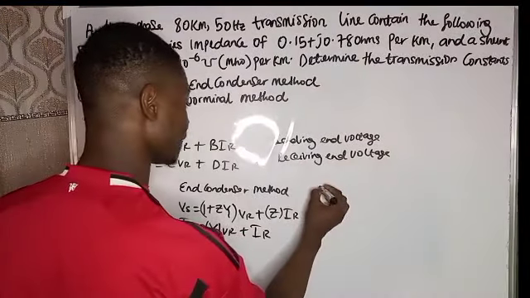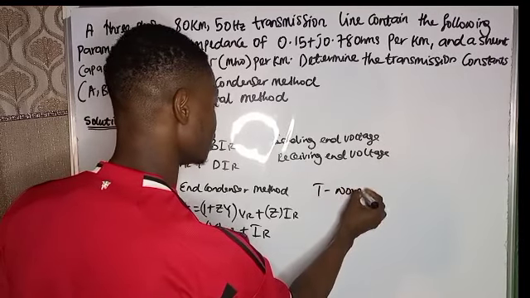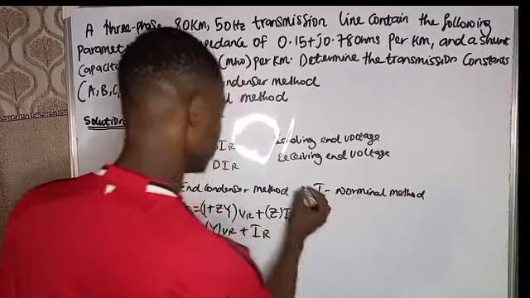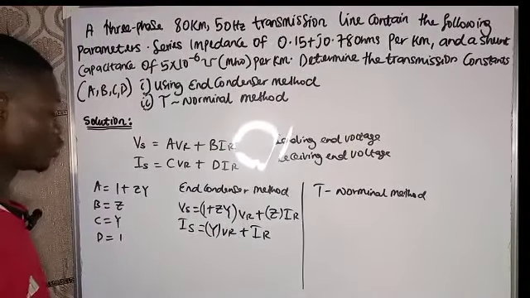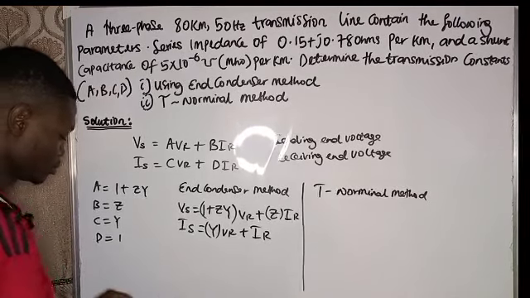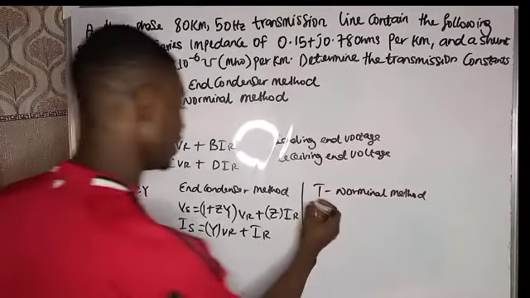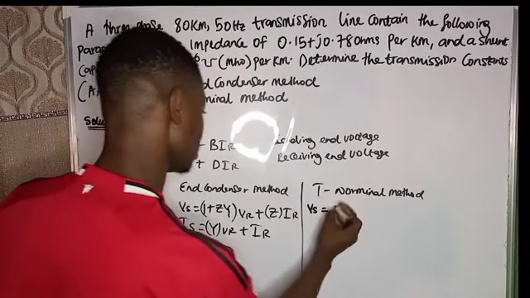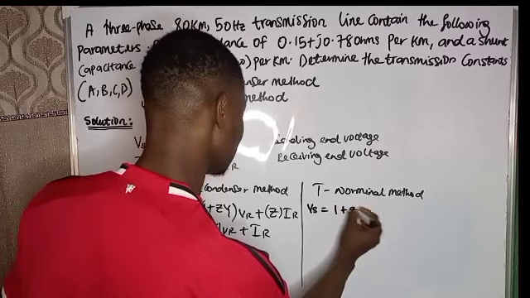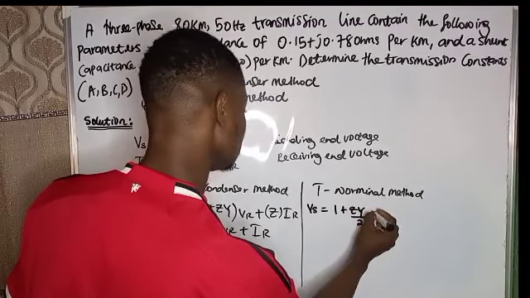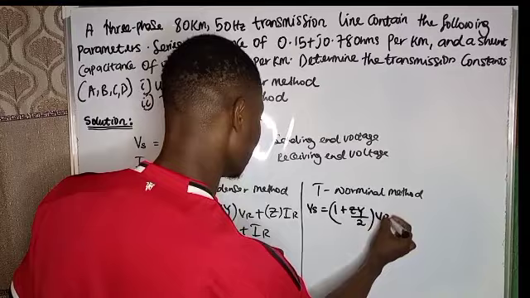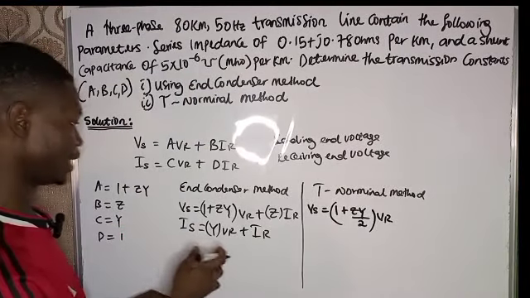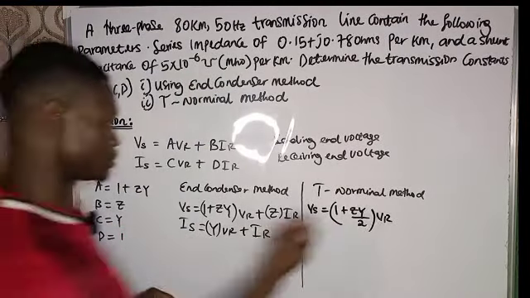Then for the T nominal method, we have that Vs is equals to 1 plus Zy all over 2, times VR. The same thing we did here, but this one is different.